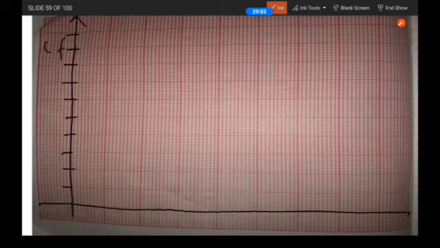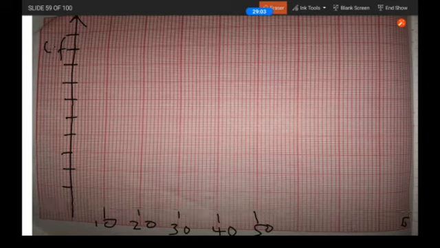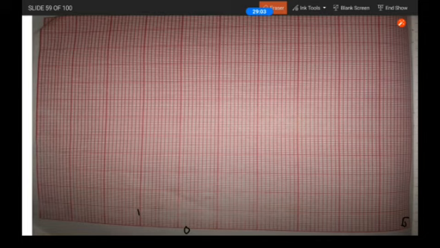Then for the marks, we have 10, 20, 30, 40, 50, 60, 70, 80, 90. It's up to 100, so I will clean this up. It must be 100. Is that okay? So that means we have to clean this. So that's how you plan.